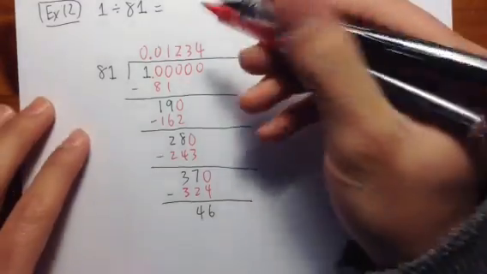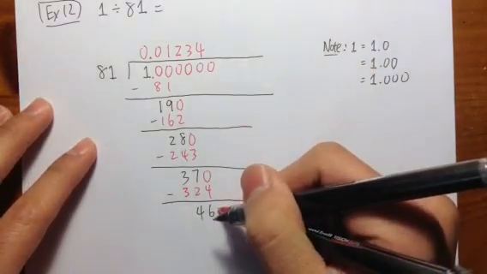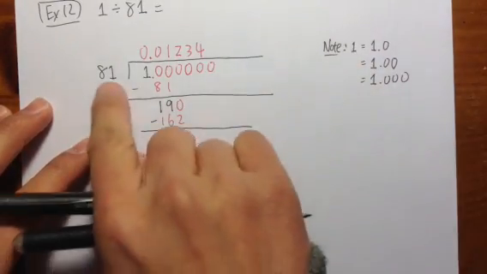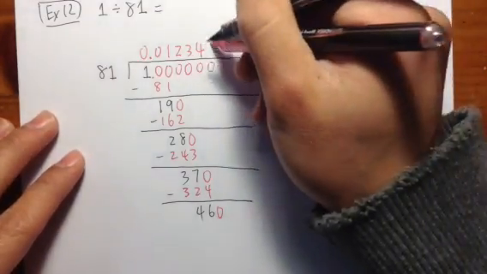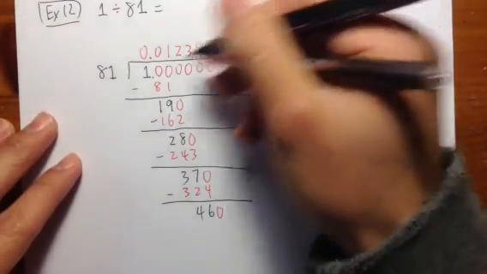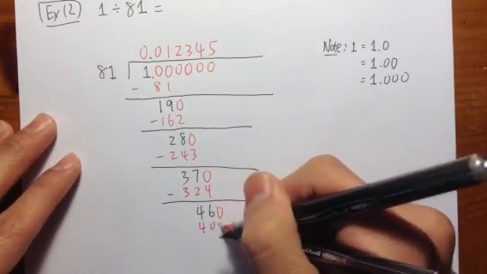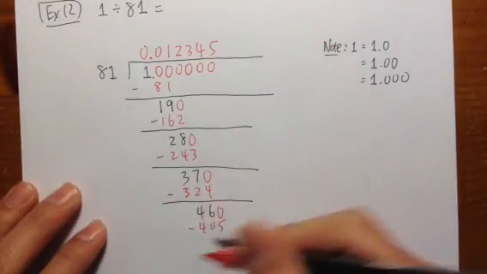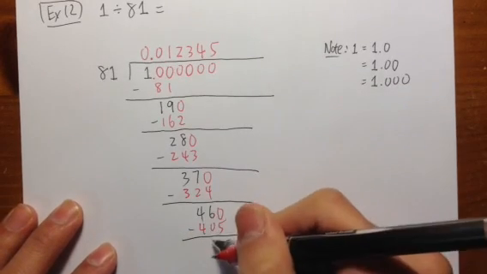Let's see it. Put a 0 down right here, and take this 0 all the way down here. 81 goes into 460. Yes, 5 times. Put a 5 right there. 5 times 81 is 405. Subtract. 460 minus 405 is 55.